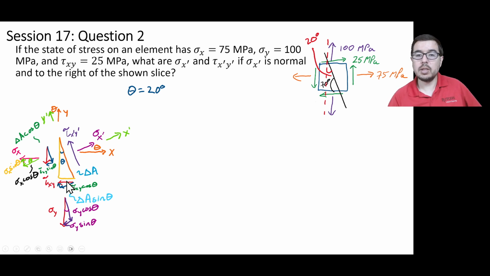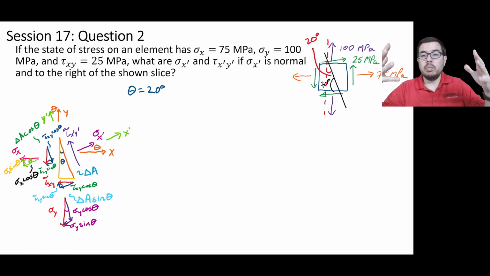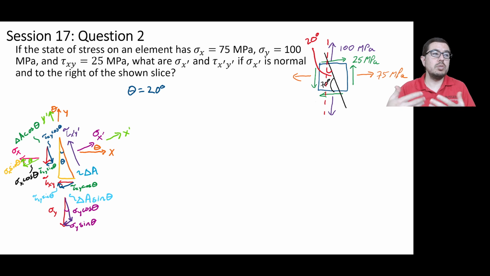The angle is in the small portion of these right triangles. Well, we can go ahead and further populate this diagram with a tau xy cosine theta, and we can put in a tau xy sine theta here as well.